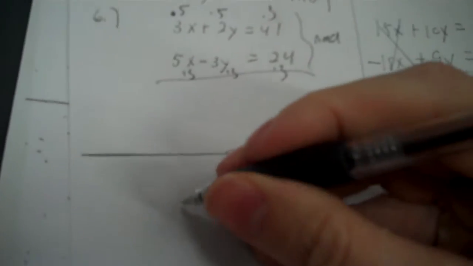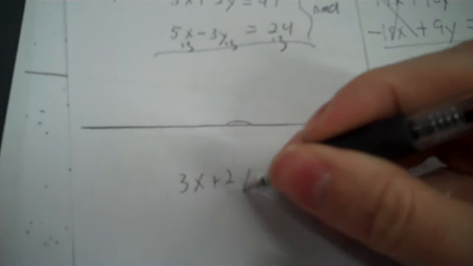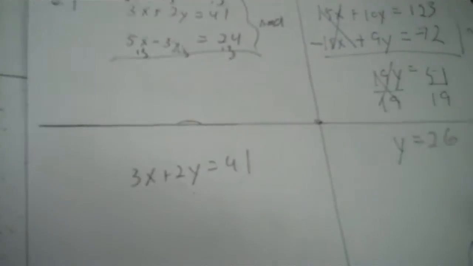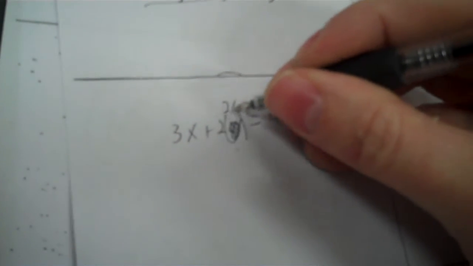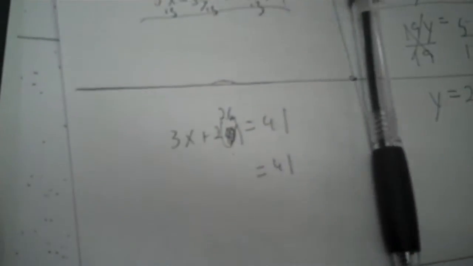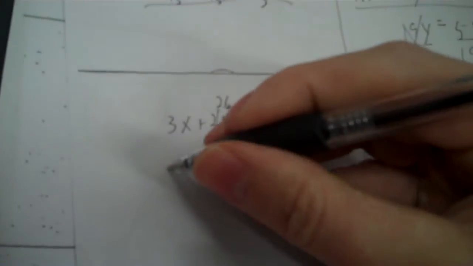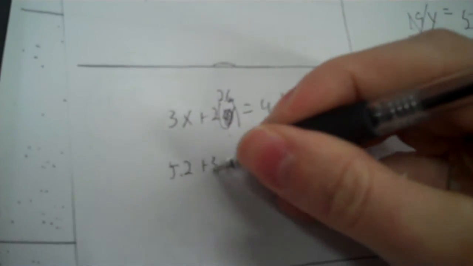Okay, so to get my answer for x now, I got to plug 2.6 into one of these two equations. So y is 2.6. So I take 2 times 2.6, got 5.2, plus 3x.